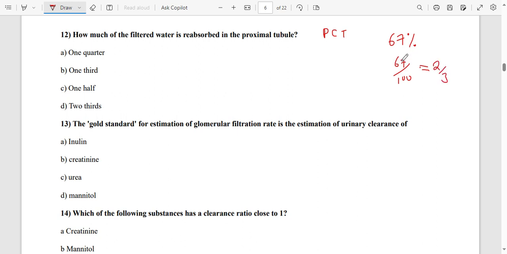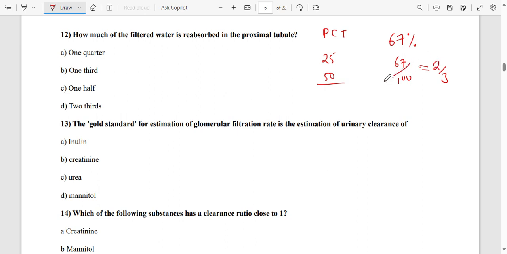Think of it like a scale: 25 plus 25 is 50, plus 25. What is 50 plus 25? That is 75, right? So 67 is not very far away from 75. So approximately 67 over 100 is approximately 2 thirds.